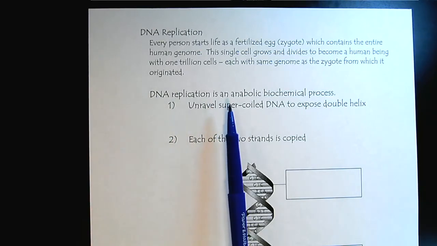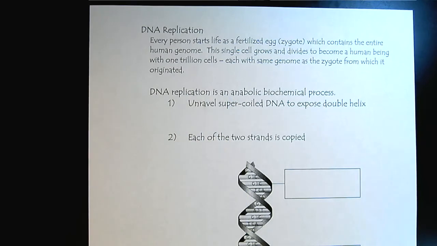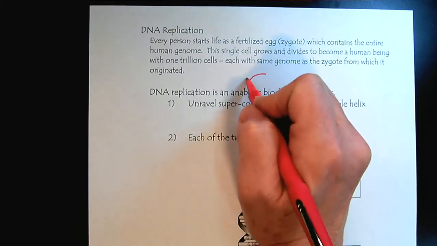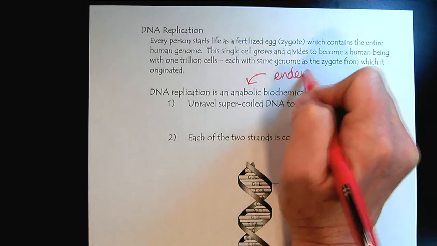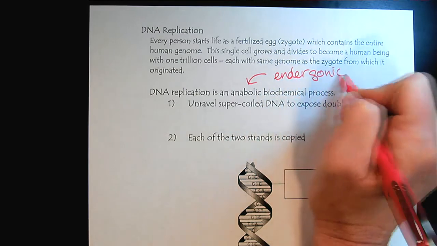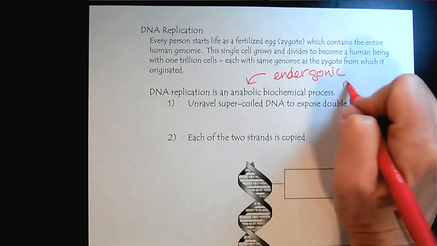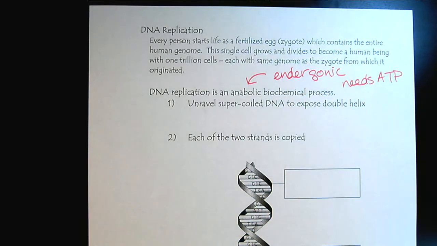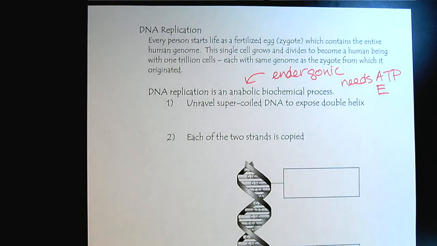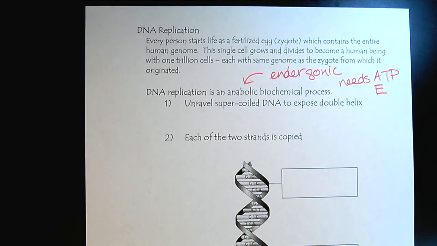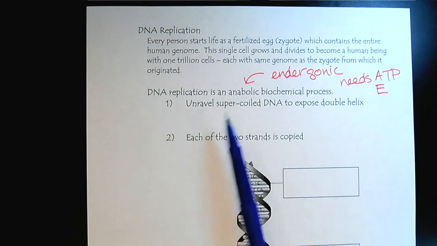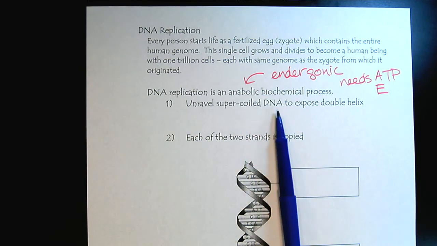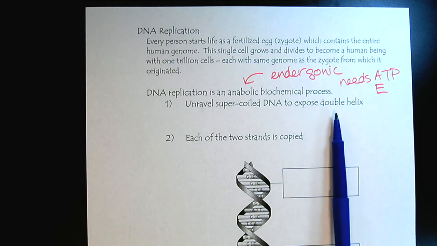Now this is definitely an anabolic process, so we can think of it as endergonic, and it's going to need ATP, needs energy. The first thing that needs to happen is we have to unravel this supercoiled DNA to expose its double helix.